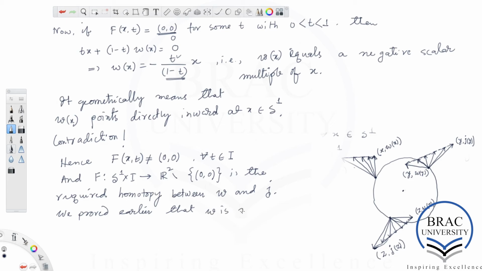And now we have proved that W is homotopic to J, and so J is null homotopic.